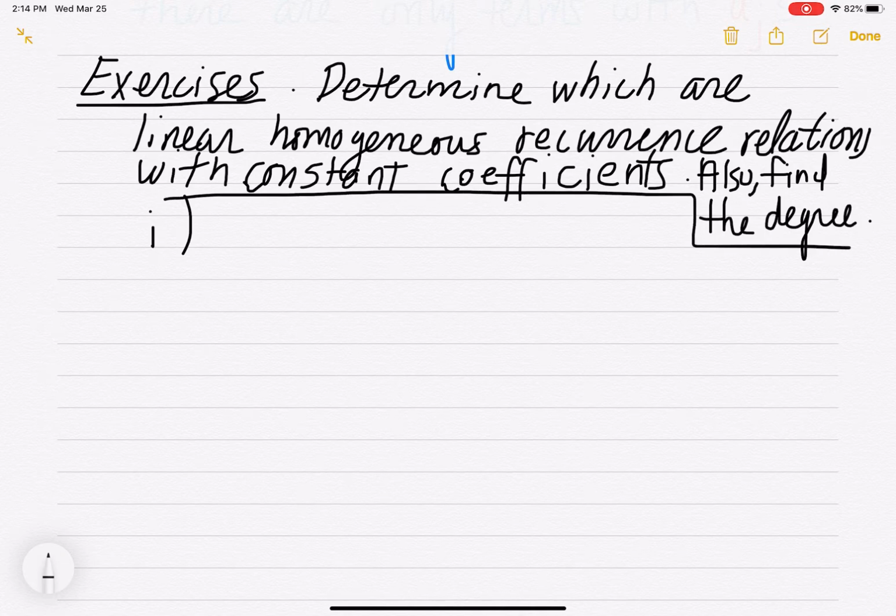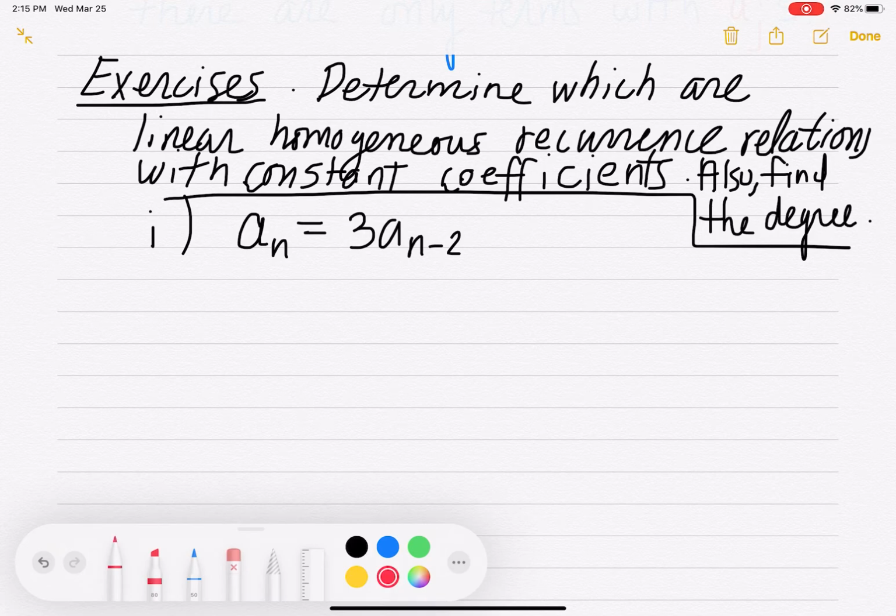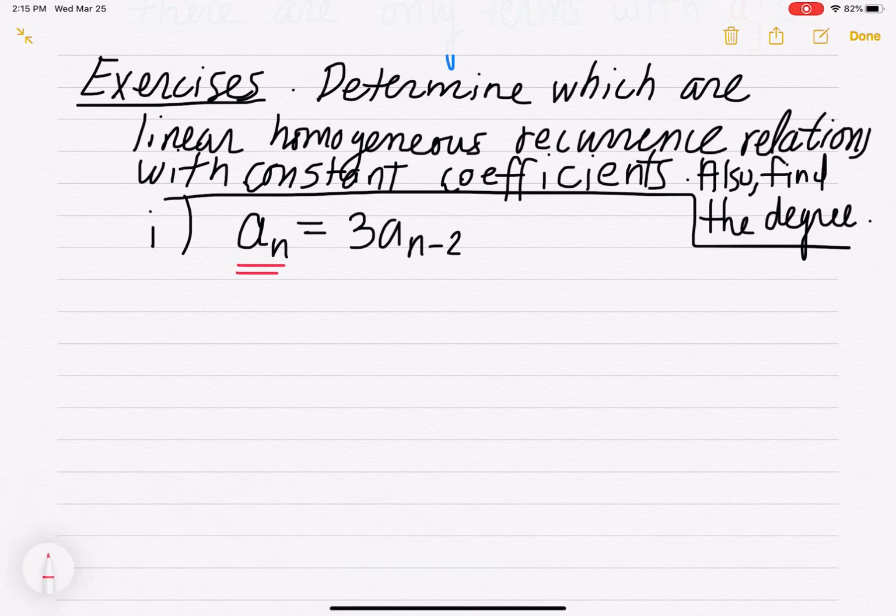So number 1, we have a_n equals 3 a_{n-2}. So this is definitely linear, right? When you look at your a_j's, so we have a_n and a_{n-2}, those have a power of 1.